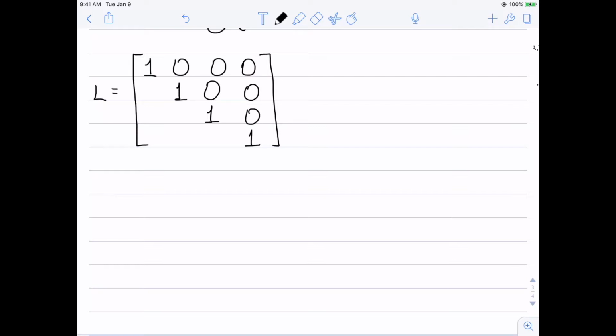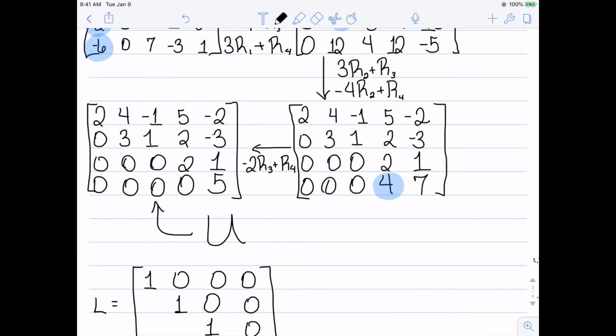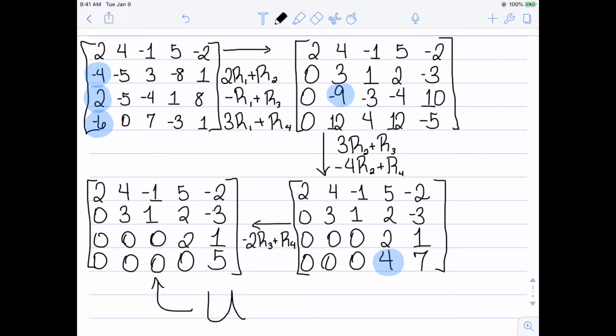And like I said, the same row operations that we use need to be able to transfer L to the identity. So if I go back up, my first matrix multiplied by 2, -1, and 3. So to undo these, I would need to do -2, +1, and -3. And that's what I'm going to insert into my L. It's essentially just changing the signs of the operations I did.